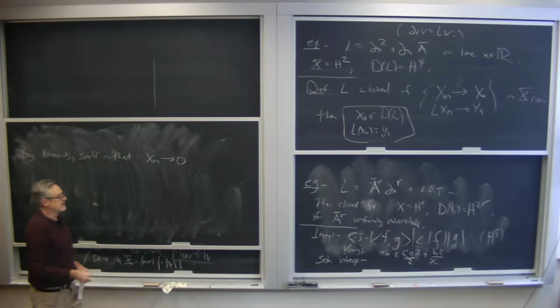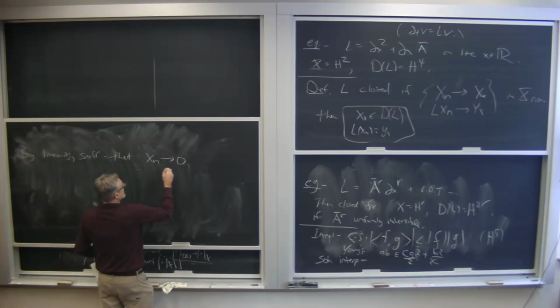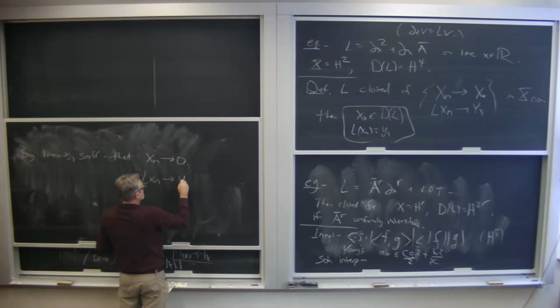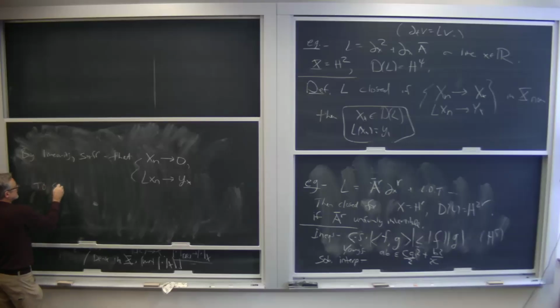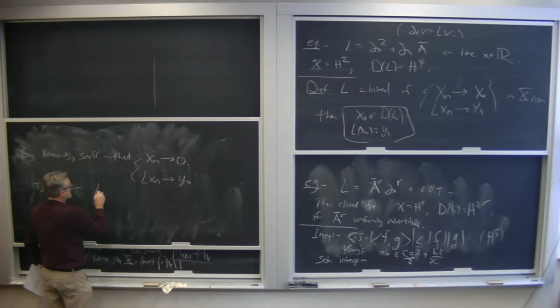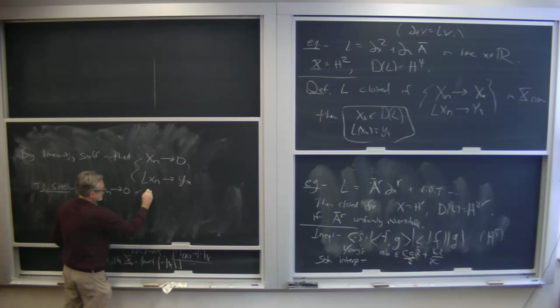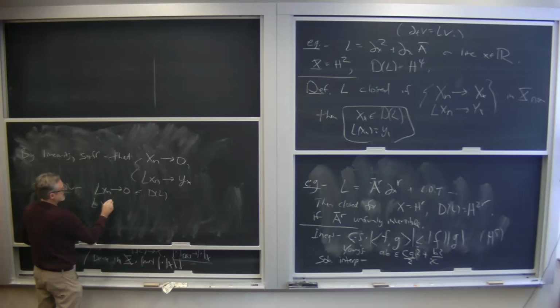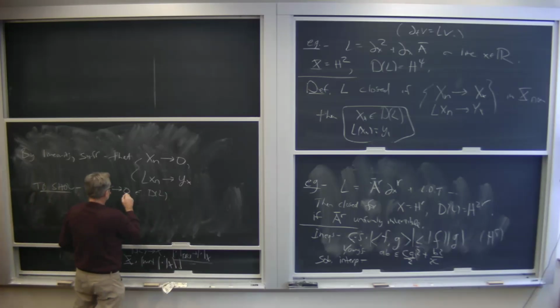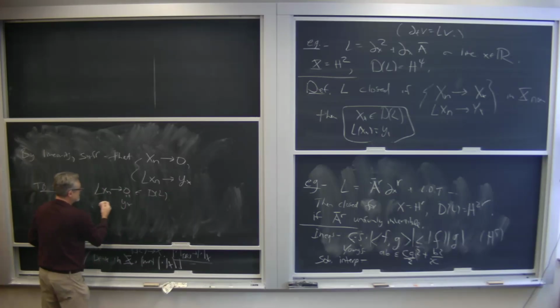We can always remove the x star, and Lxn goes to y star, and then we want to show that Lxn goes to 0, which is in the domain of L, and so that's y star.